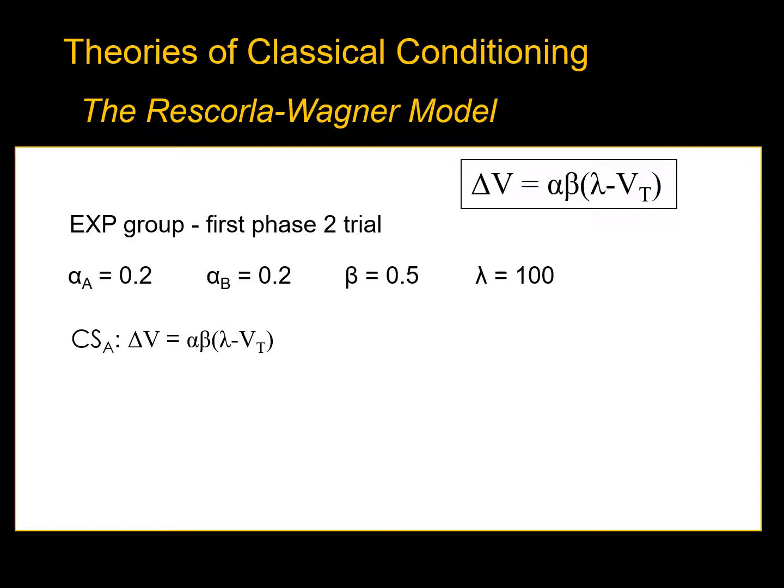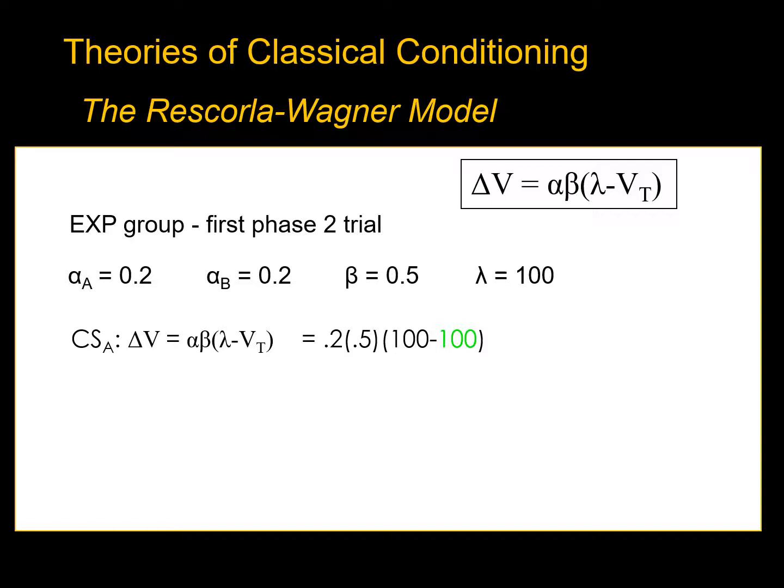As I said, we're assuming that we ran that CSA-US association in phase 1 until we hit asymptote, which means we used up all 100 units of associative strength on that association between the light and the shock in phase 1. So the amount of learning that's already been acquired here is all of it.